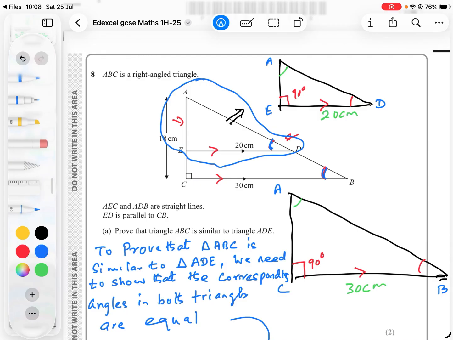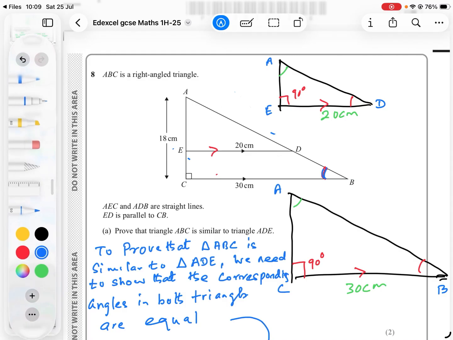Now I drew the small triangle AED separately. You can see here, this one, and I drew separately the big triangle ABC.